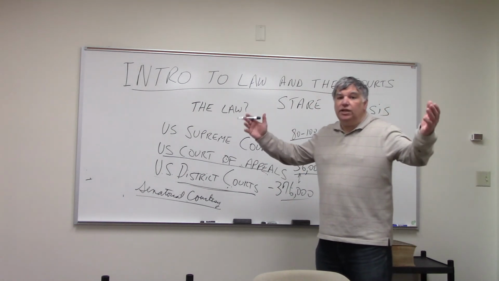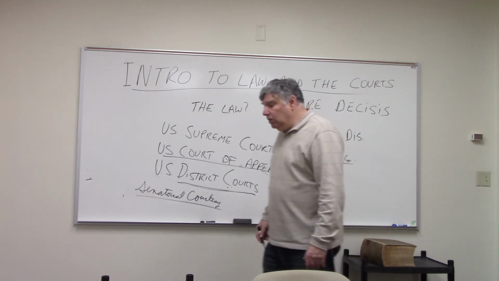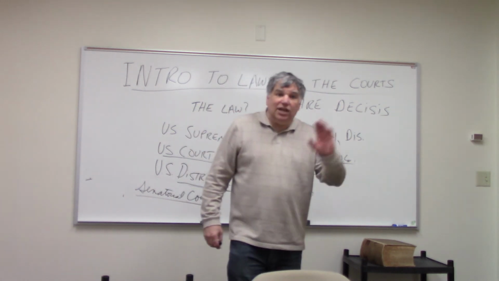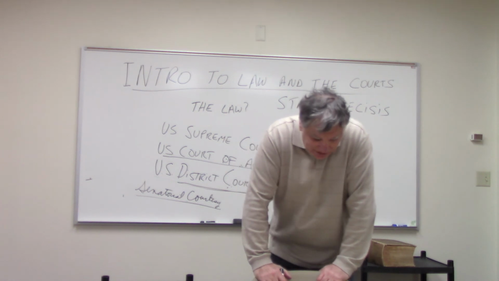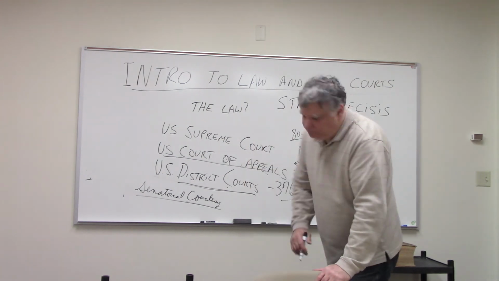It has complete control over its docket. What it means is, if the United States Supreme Court doesn't want to hear a case, it doesn't have to. So how does something get to the United States Supreme Court? It's through what's referred to as the Rule of 4.